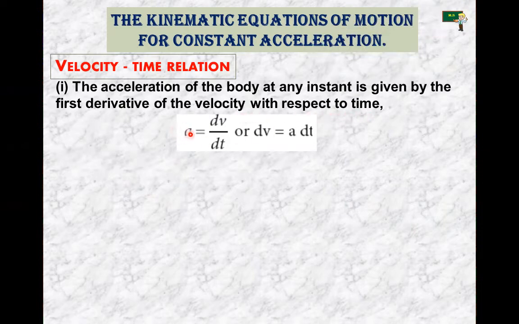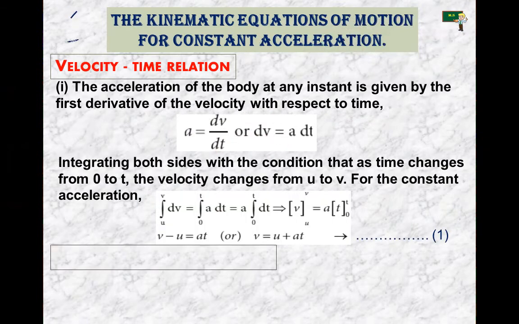That means acceleration is equal to dv by dt, or dv is equal to a into dt. Integrating both sides, with the condition that as time changes from 0 to t, the velocity changes from u to v, that means initial velocity to final velocity.